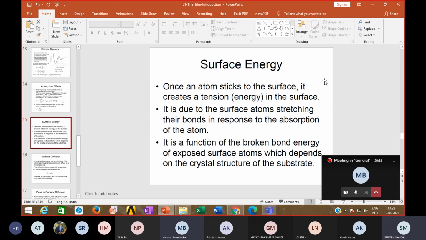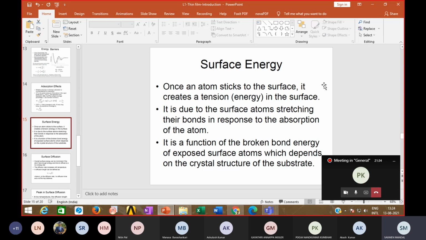Okay, I'll tell you in a different way. Broken bonds are present over the surface. Correct, that is what I wanted to hear. The surface means broken bonds. If you know how many broken bonds there are, that is easy to calculate. In a particular crystal structure, if you know the surface, you know how many broken bonds will be contributed from the crystal lattice.